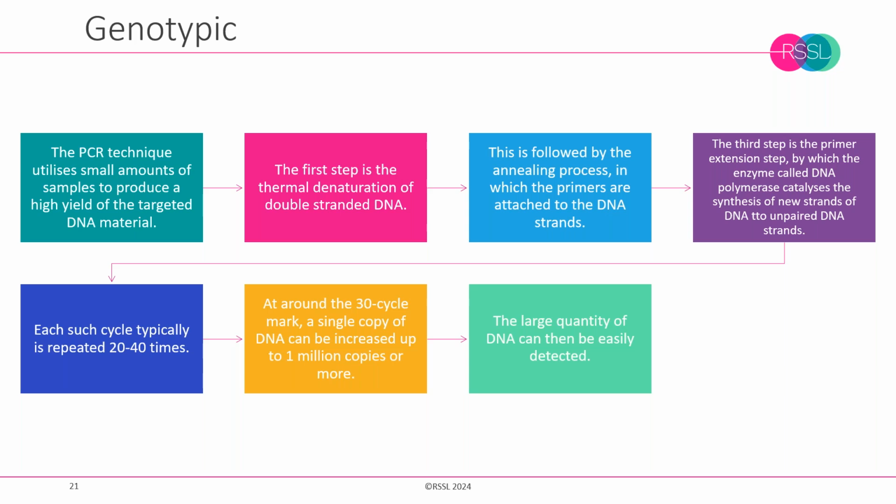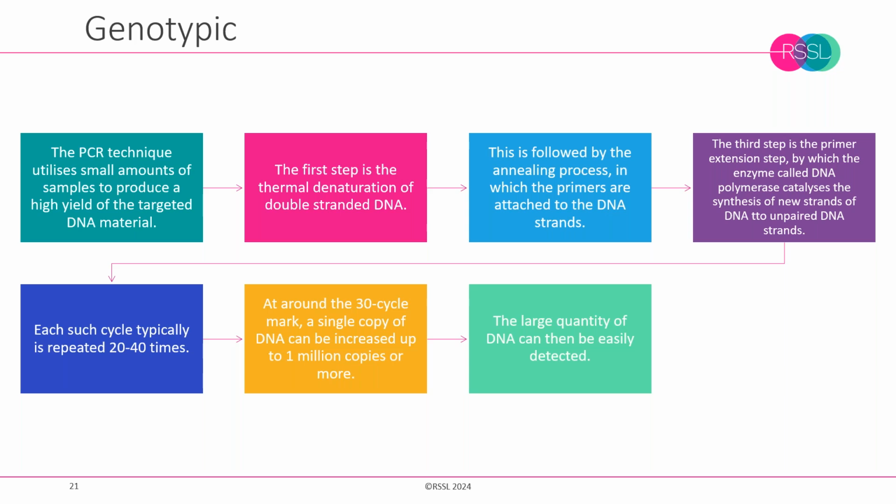The other set of identification methods that are important are the genotypic methods, and here we're seeking a far more definitive answer as to our organism, potentially down to strain level.